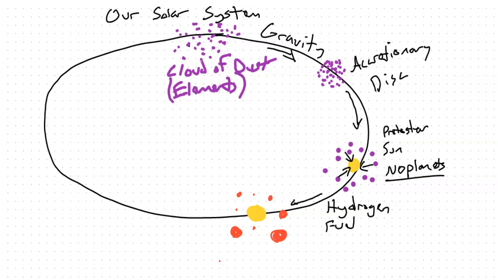So we have planets forming in the early solar system. And those planets are taking the leftover elements.